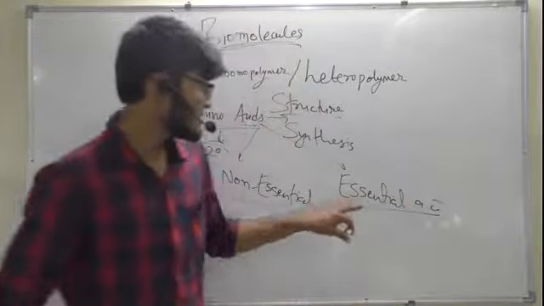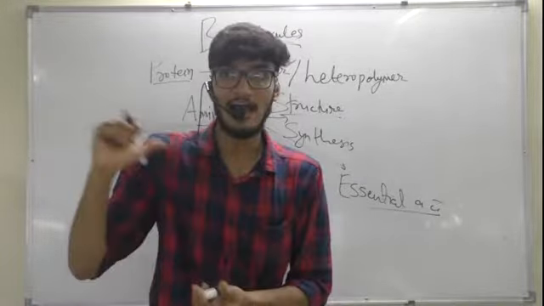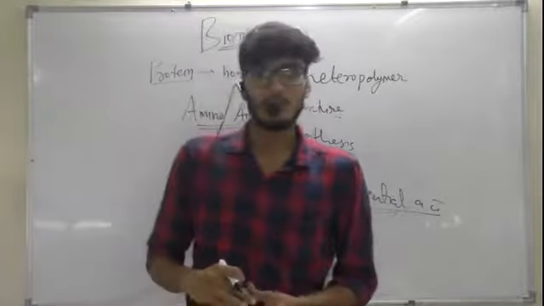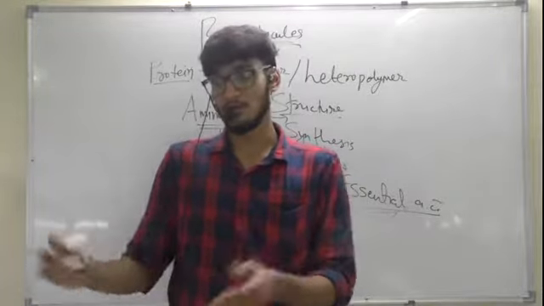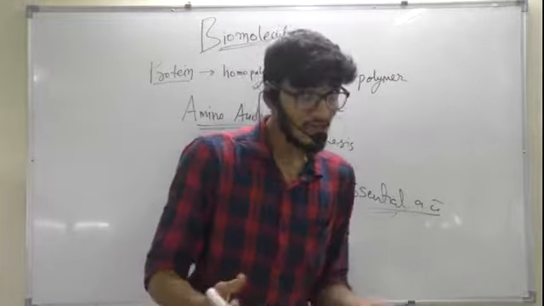As the name suggests, your body cannot synthesize it. You have to obtain it by the diet. So they are essential. By diet you mean you can have it by different kinds of protein-rich diets like eggs, milk, or any other diet.